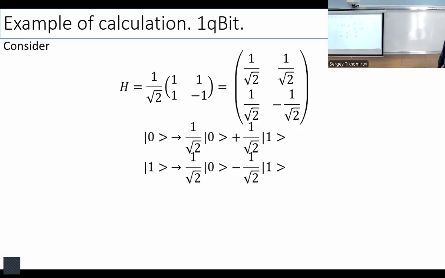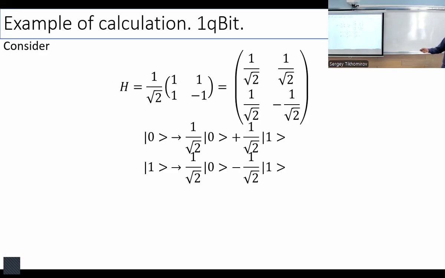So a concrete example, without x, y, A, B, C, D. This is the gate H, the Hadamard gate. It will be very important in the course. It will appear constantly, and it is defined by such a matrix.